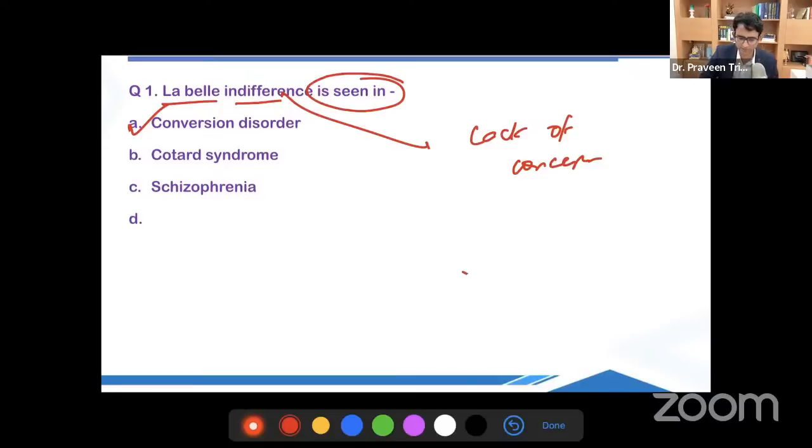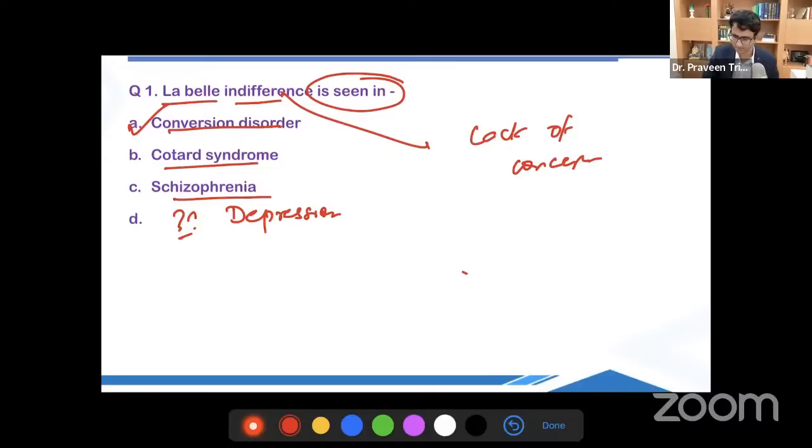As far as the options are concerned, I think most of you must have gotten it correct. But if somebody could help me with the options: I got to know about conversion disorder, schizophrenia, and depression. Somebody told me mania was also in the options.